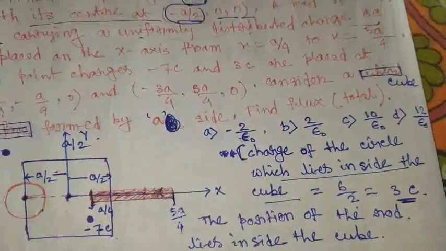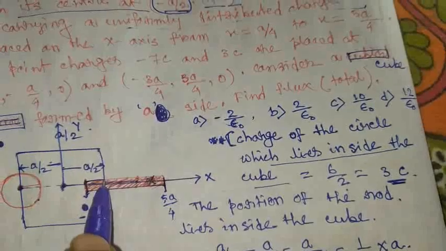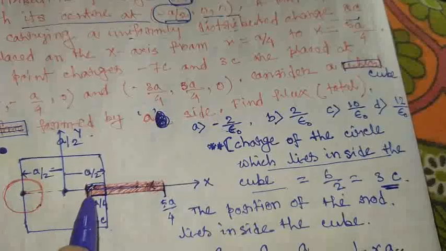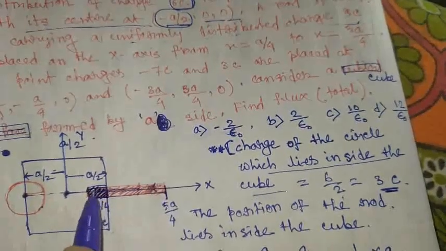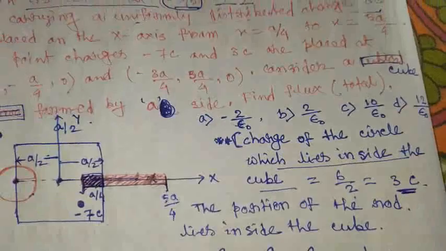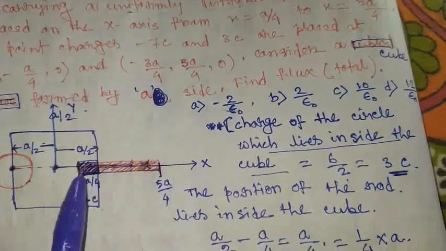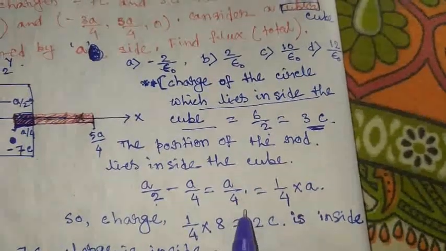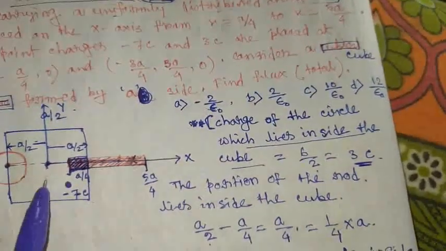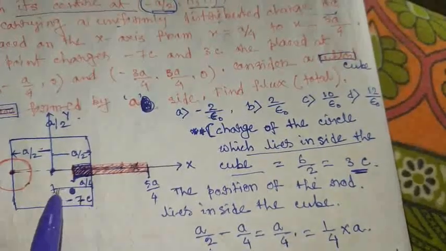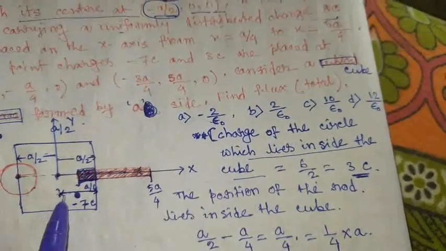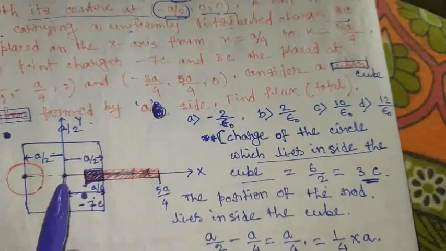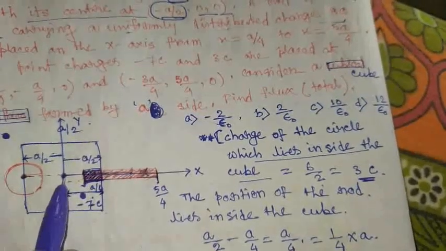The portion that lies inside this cube is given by this shaded region, and the length of this shaded region is a by 2 minus a by 4, that is a by 4, because the length of this line from the origin is a by 2 and the rod is shifted a by 4 distance from the origin.